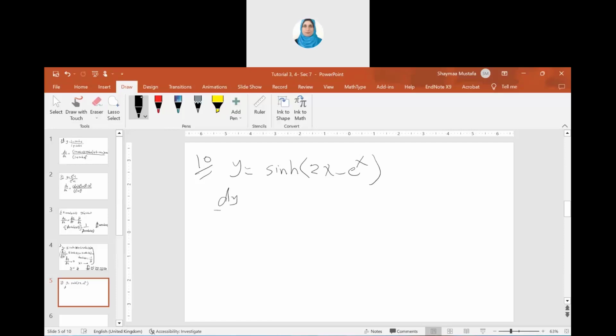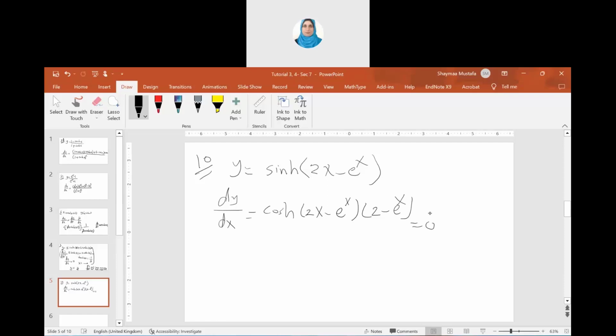First you will find dy over dx. dy over dx is equal to 2 cos 2x minus e to the power x. This is the derivative. Make it equal to 0.